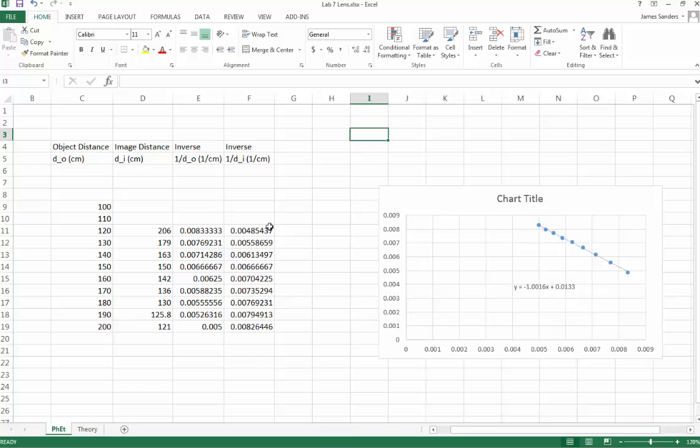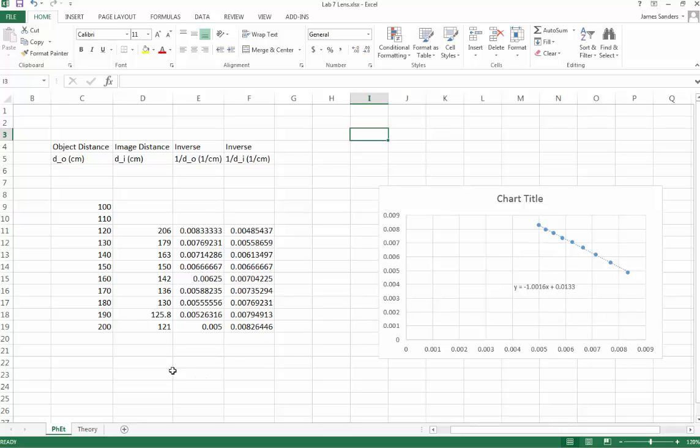So in the ideal case, y represents 1 over di, x equals 1 over do. So 1 over di should equal -1 over do plus some constant number here.